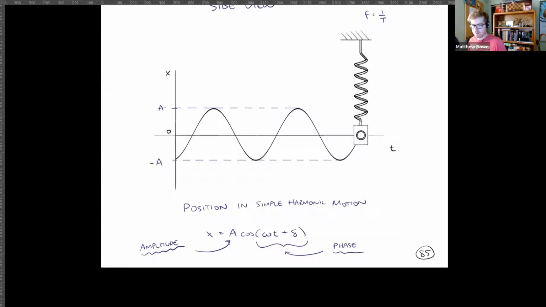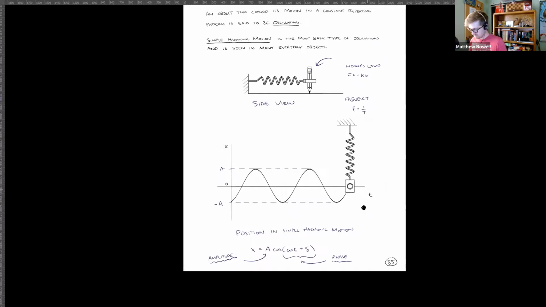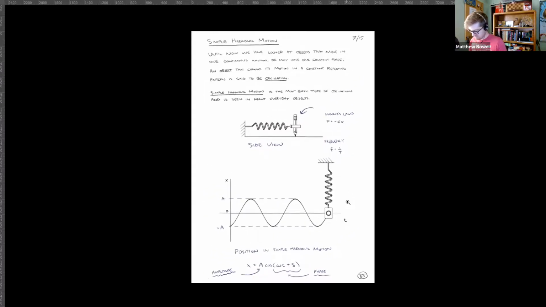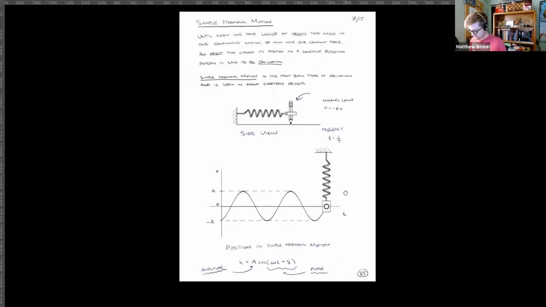Okay. This next page is just a continuation of this thought. What do we have?